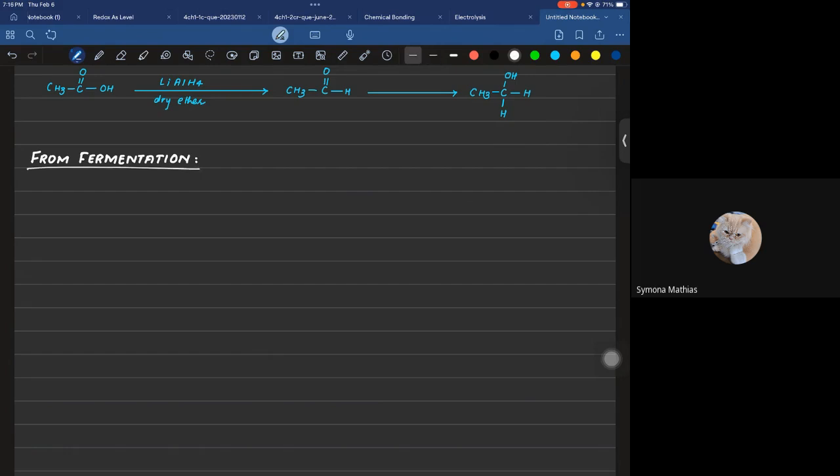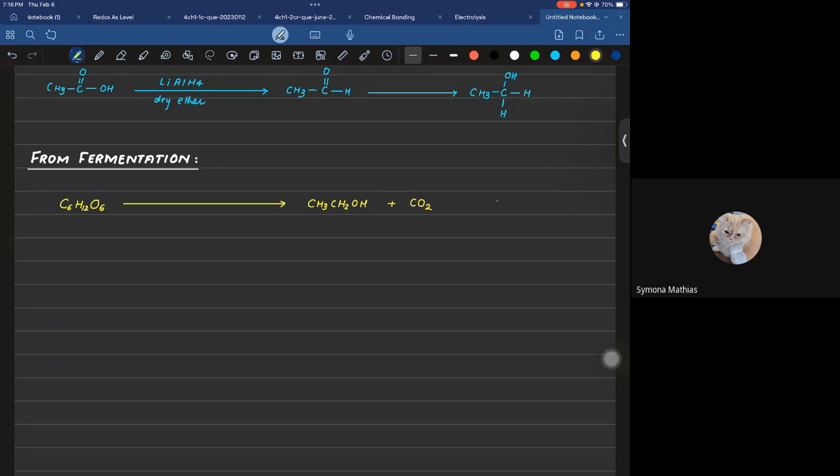Fermentation means you have glucose, that is C6H12O6. Okay, and you are going to use yeast, which is a biological catalyst, also known as enzyme, which would increase the rate of reaction, and as a result you will see ethanol in the product, and also some carbon dioxide would be released.